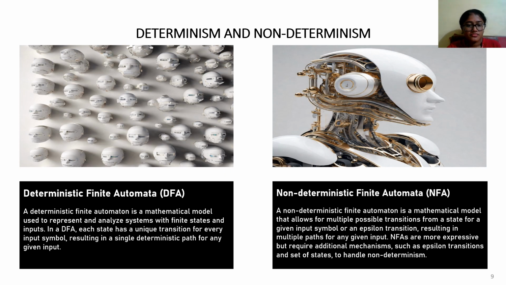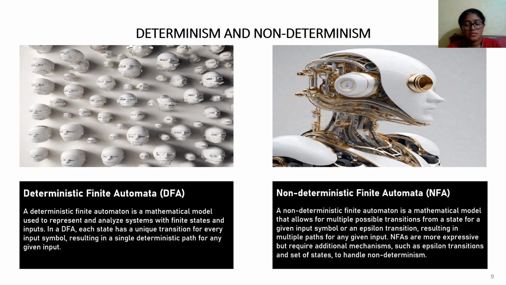So now let's understand determinism and non-determinism in any transition diagram, that is, in any automaton. Determinism, with respect to DFA, a deterministic finite automaton, is a mathematical model used to represent and analyze systems with finite states and inputs. In a DFA, each state has a unique transition for every input symbol, resulting in a single deterministic path for any given input. Non-deterministic finite automata represent the NFA.